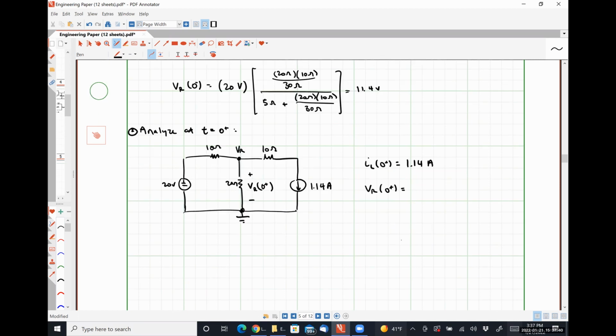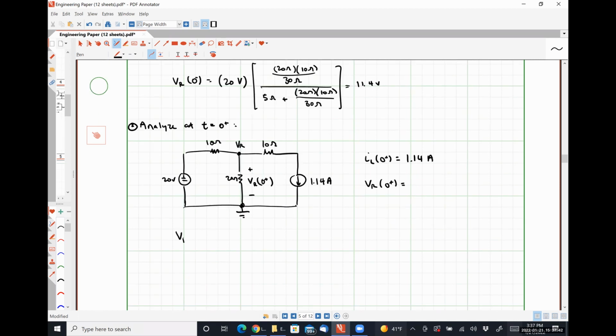So we could say that VR minus 20 volts over 10 ohms plus VR over 20 ohms plus 1.14 amps is equal to 0, where I've cheated here a little bit, okay?